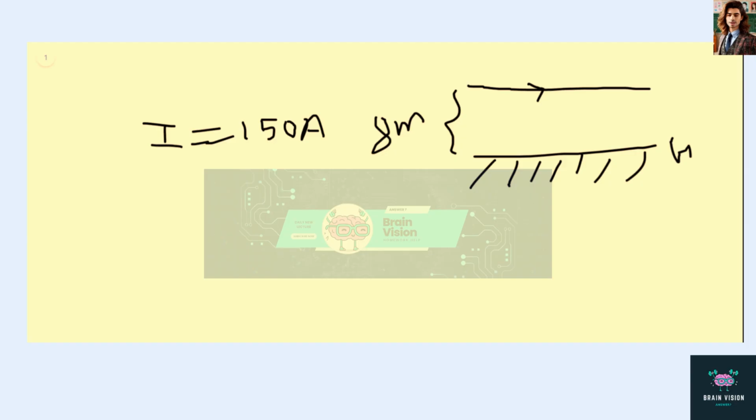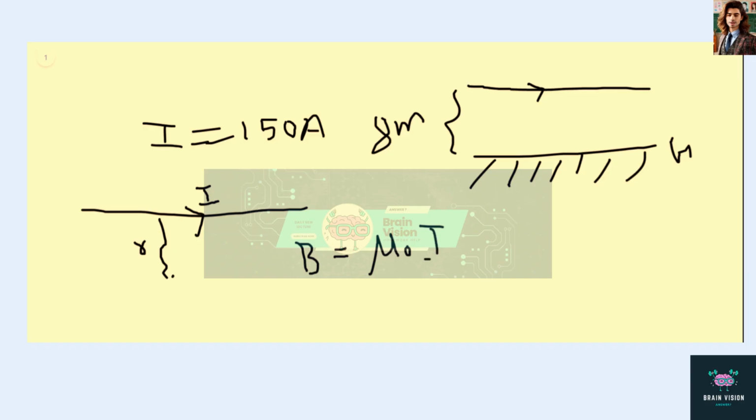And for a long straight current carrying conductor, if some current I is flowing through this conductor, and if you want to find the magnetic field at this point, which is at a distance of, let's say, R from this conductor, then the magnetic field is given by B equals mu naught, which is the magnetic permeability, times the current divided by 2 pi and the distance at which you want to measure the magnetic field.